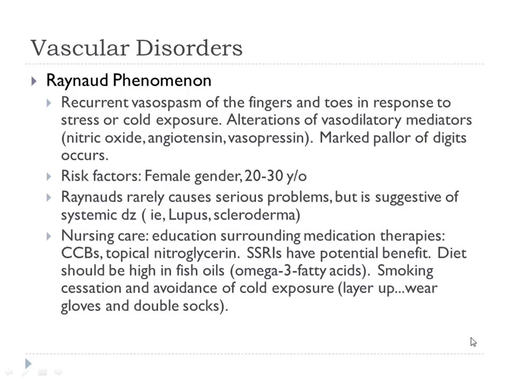It's an over-exaggerated response. And then if you get warm, you become very flushed. So it's an exaggerated vasoconstriction and an exaggerated vasodilation. Okay? So the body has a problem mediating this. It can be painful. It can cause lots of tingling, numbness. And like I said, it is often related to systemic autoimmune disorders like lupus and stuff like that.